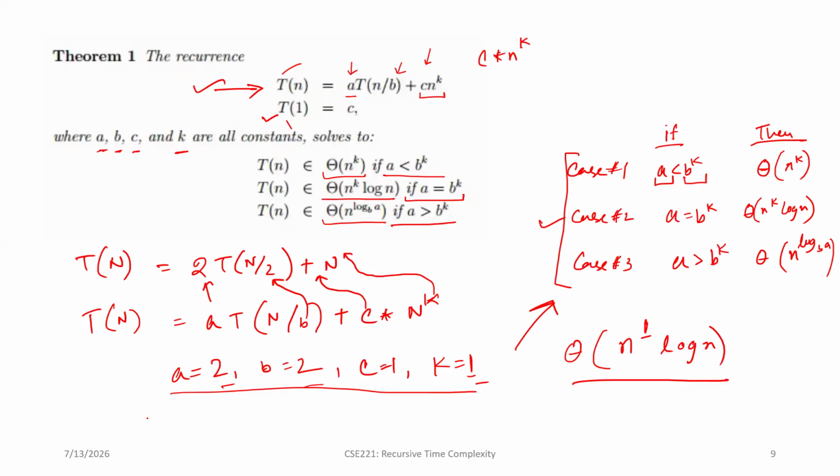আরেকটা করি, let's do binary search. T of n is T of n by 2 plus 1. What's the value of a? T of n by 2 এর আগে কি আছে? 1.